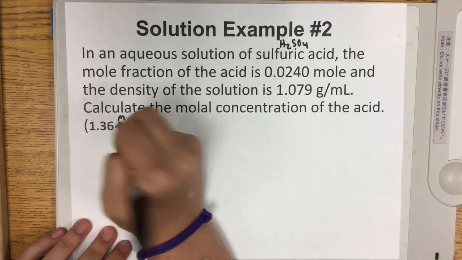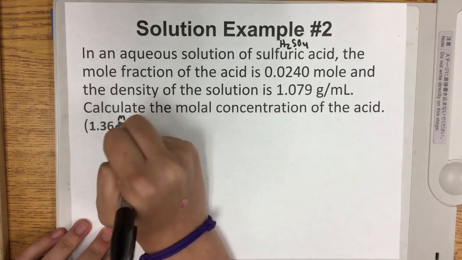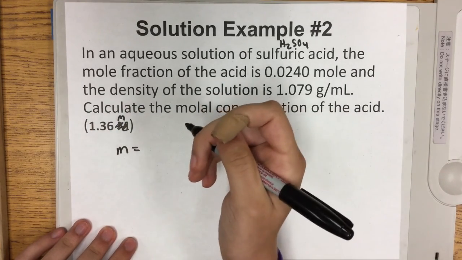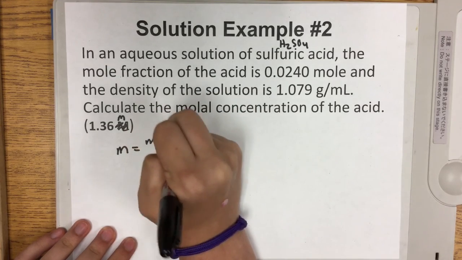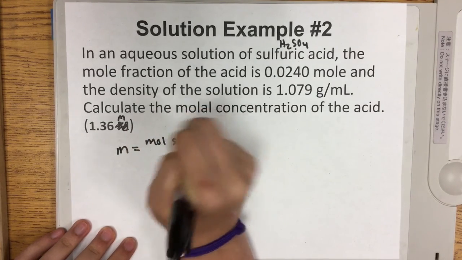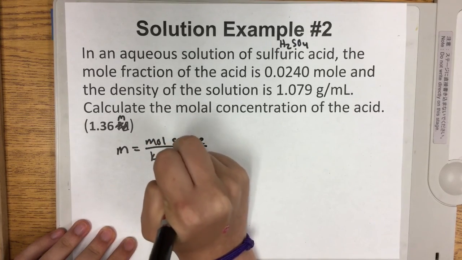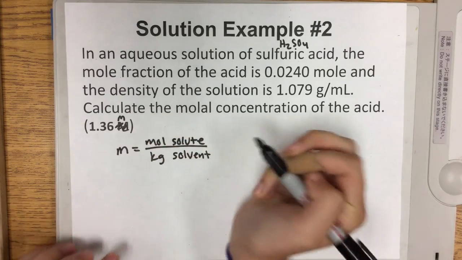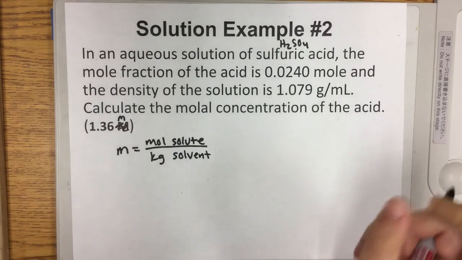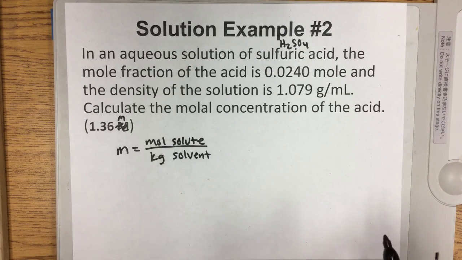So molality is the moles of solute over the kilograms of solvent. Now the difference between solute and solvent, of course, is the solute is the substance you would add into the solvent to create the solution.